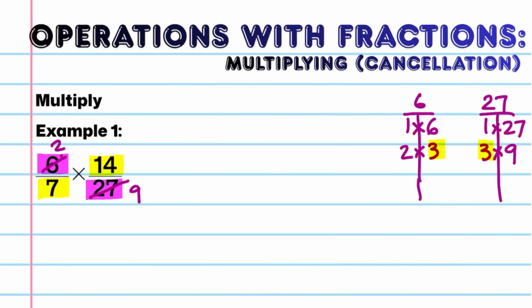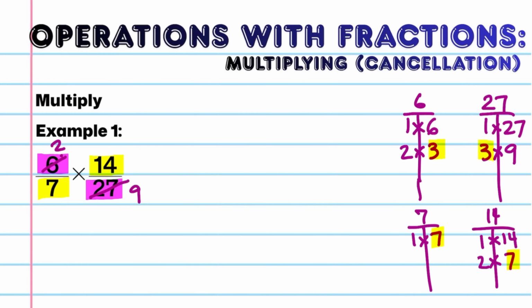We're going to do the same thing for 7 and 14. If you're not sure what your GCF is, you're going to come over to the side, list the factors of 7, list the factors of 14. The factors of 7 are 1 times 7. The factors of 14 are 1 times 14 and 2 times 7. What is the greatest common factor? That's 7.